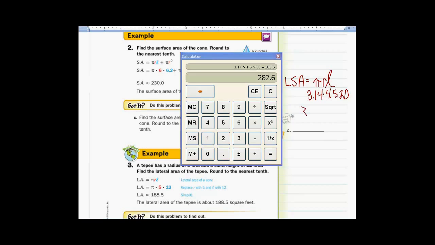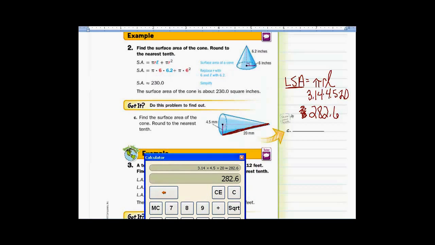So lateral surface area, 3.14 times 4.5 times 20. So I get 282.6. That's the lateral surface area. Now I need to find the area of the circle at the bottom.